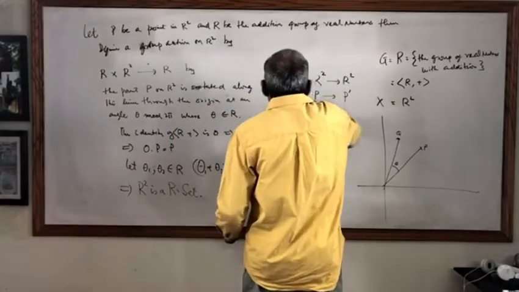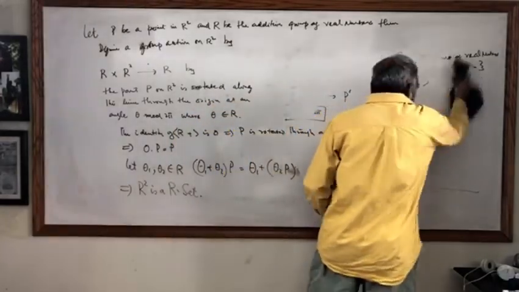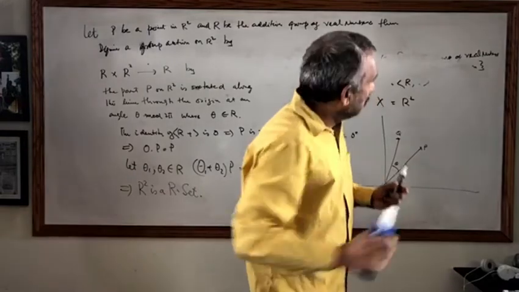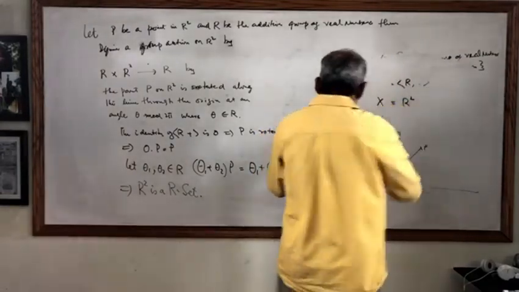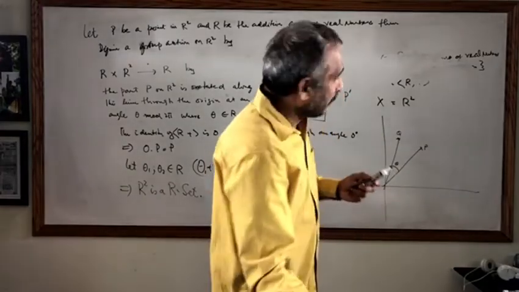Now let us compute under this action the isotropy subgroup of any point other than the origin.